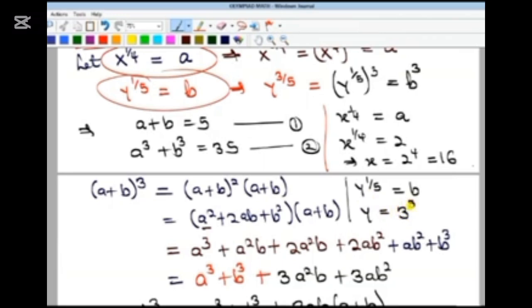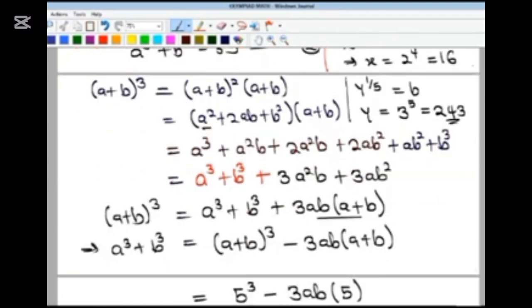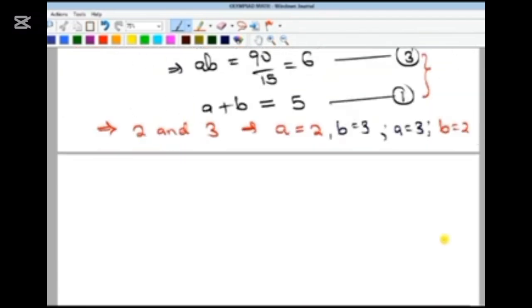So we raise it to the power of 5, and that should give us 243. I think I'm correct, 243. So when a is 2 and b is 3, our x is equal to 16 and our y is equal to 243. Help me confirm that.